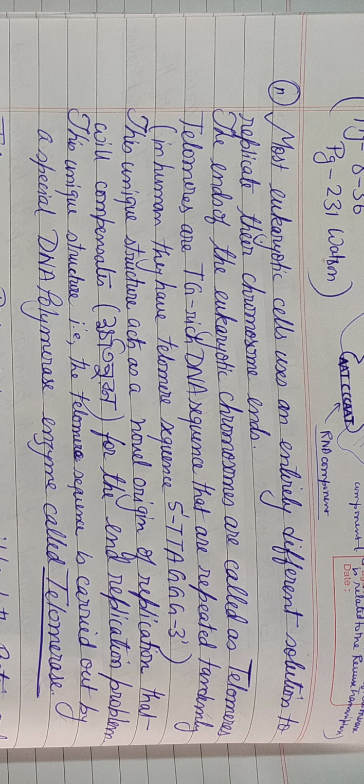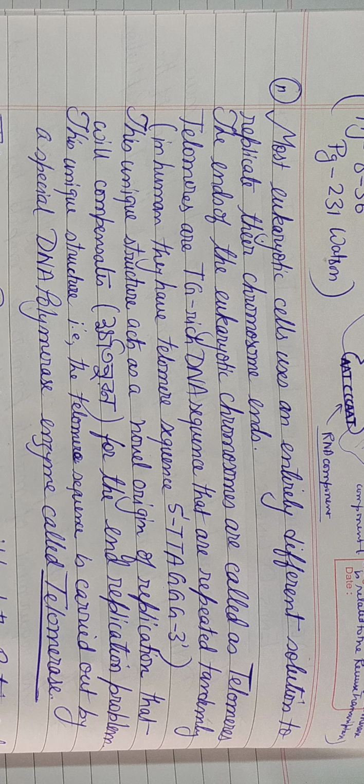And the enzyme that catalyzes the formation of telomere is telomerase. Most eukaryotic cells use an entirely different solution to replicate their chromosome ends. So how do they solve that end replication problem?